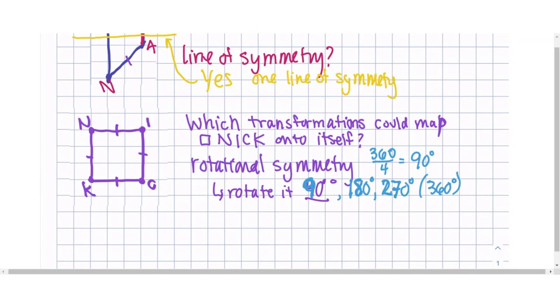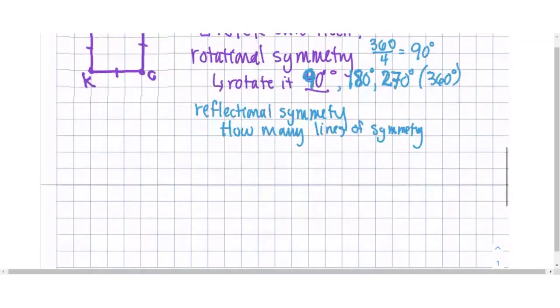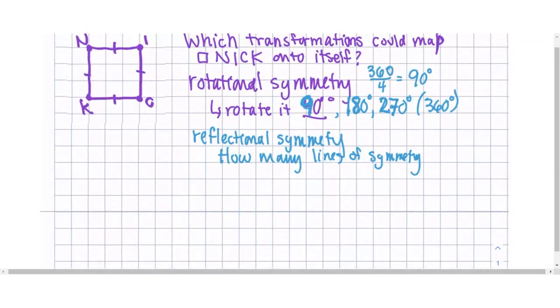Okay. How about reflectional symmetry? We're going to talk about how many lines of symmetry this one has. And it's a square, so it's going to be a little bit different than just a regular rectangle.